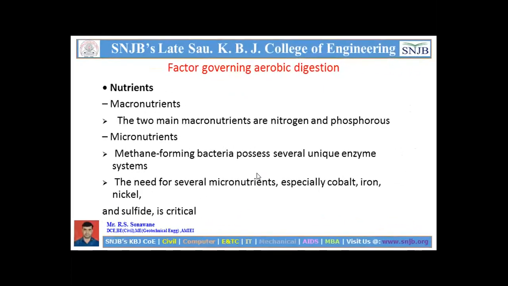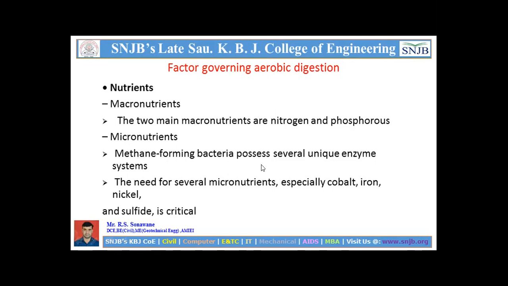Then the third factor is nutrients. Nutrients support the growth of the bacteria to produce the methane gas. Here we can say the nutrients are micronutrients, and there are two main types: one is nitrogen and the second is phosphorus.